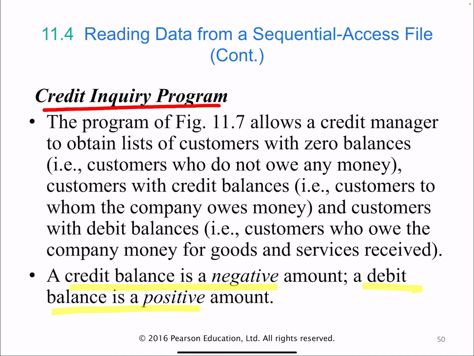For this program, we'll keep it very simple. We'll have 3 types of records. We'll have customers that have a negative balance, customers that have a positive balance, and we might have customers that have a 0 balance.